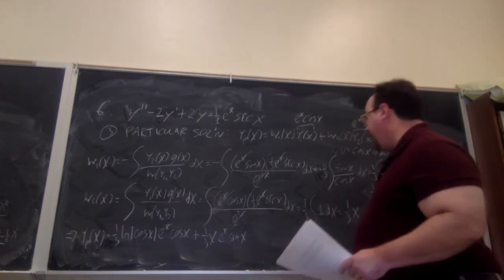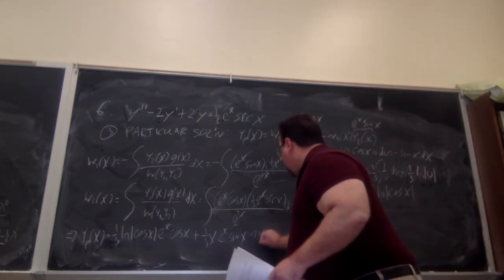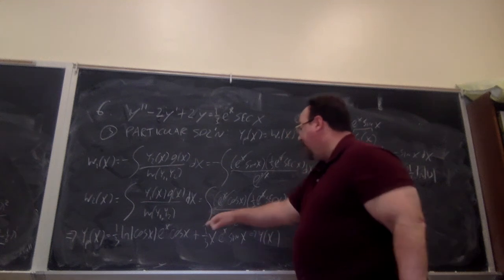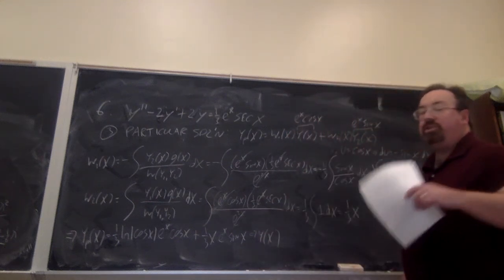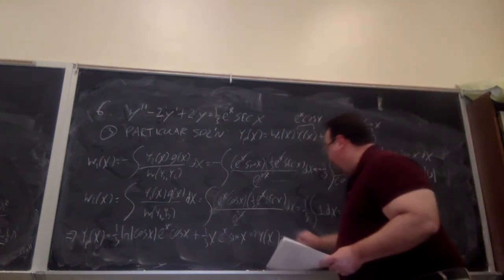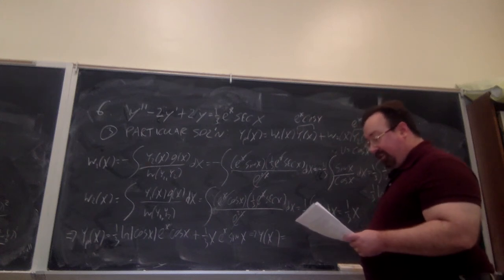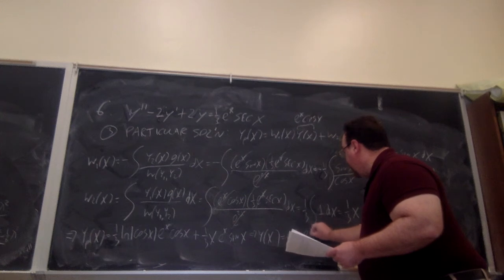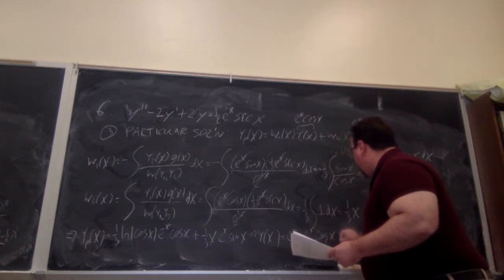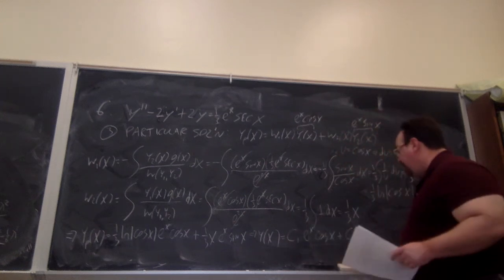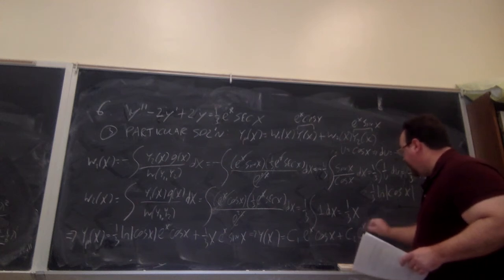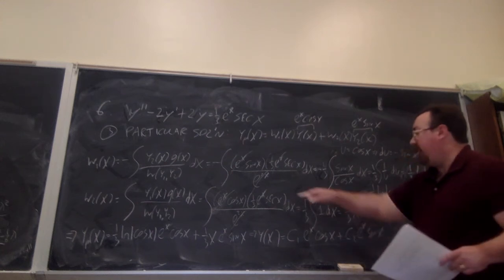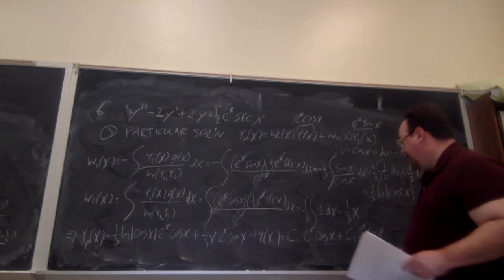So now I can write down the general solution, which is just the particular solution plus the homogeneous solution. We have no initial conditions to deal with, so y of x is going to be constant c1 times e to the x cosine x, so c1 times y1, plus c2 times y2, which is e to the x sine x, plus the particular solution.